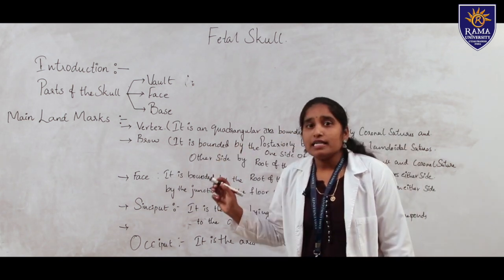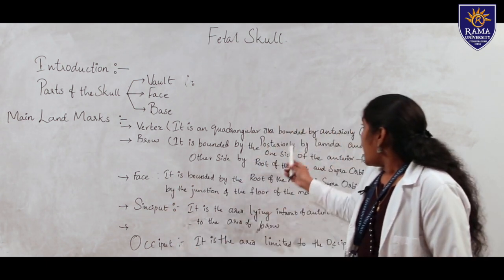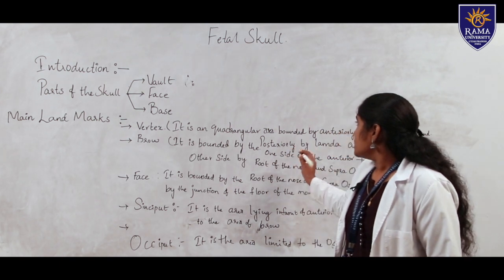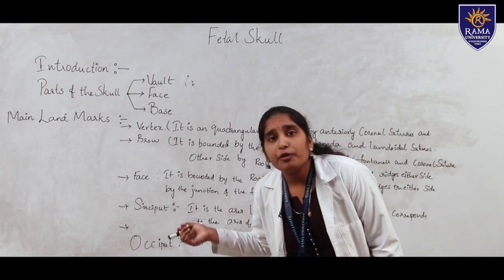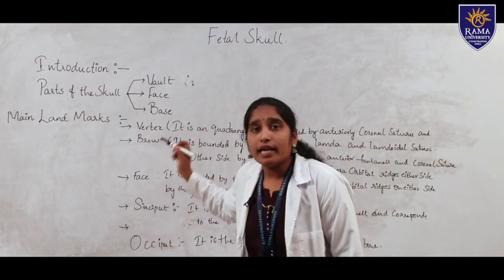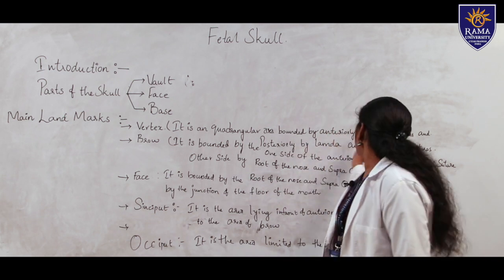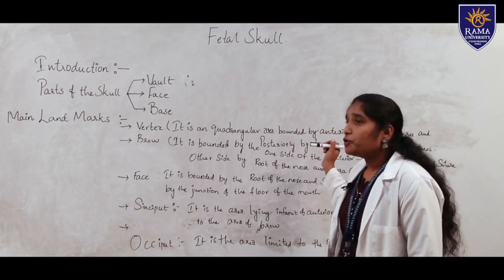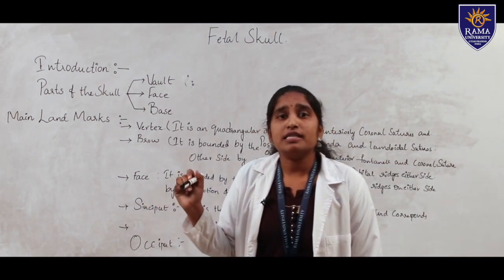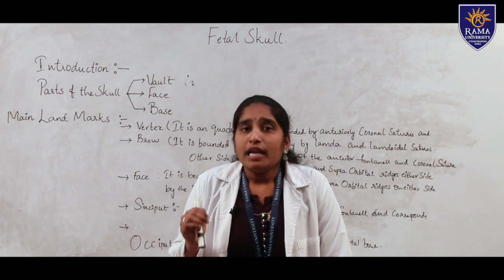It is a quadrangular area bounded anteriorly by the coronal sutures and posteriorly by the lambdoidal sutures, and at the sides by a line passing through the parietal eminences.